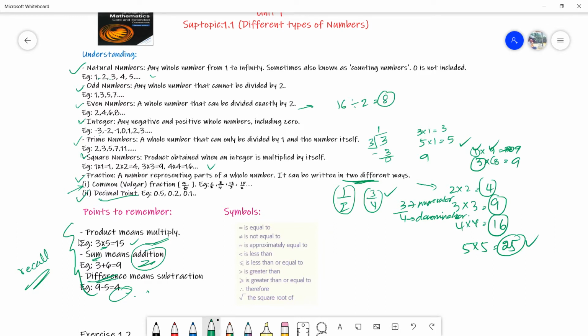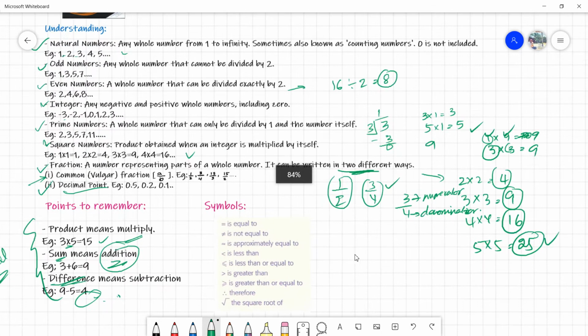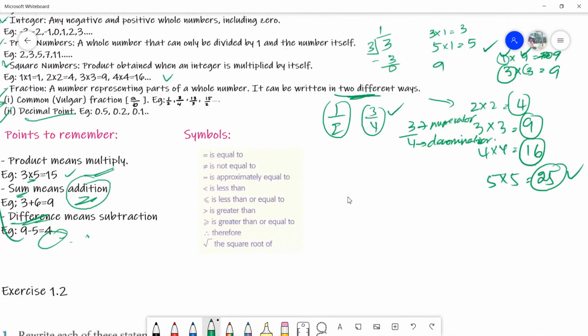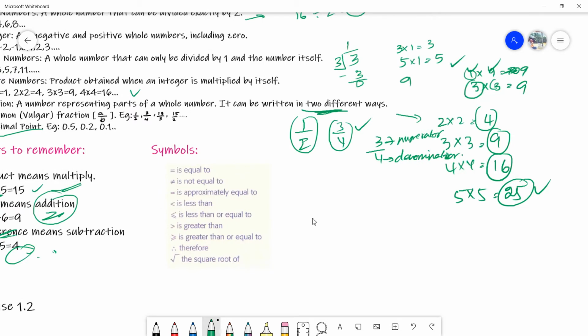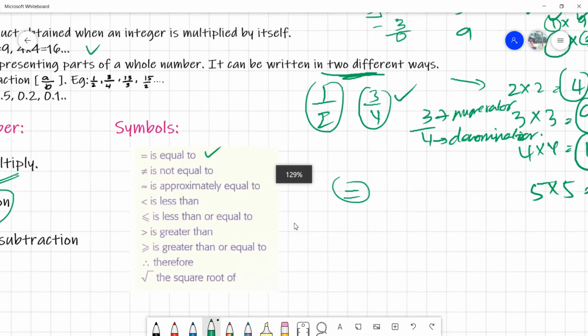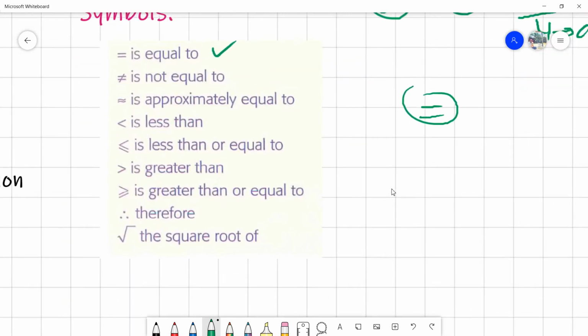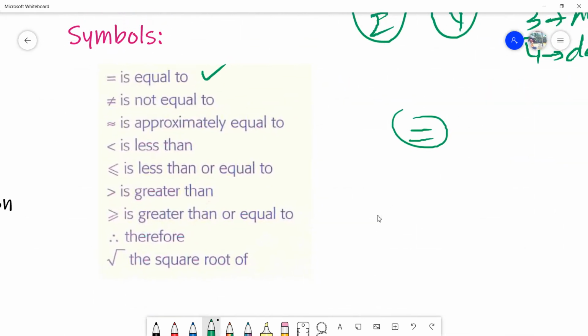Okay, so the symbols: I don't think you are new to them. I think you have been exposed to these symbols before. For example, this is equals to. You know this symbol very well. I'll give it a zoom view. Yeah, I hope you can see it very clearly. All right. So you know what equals to is, and if the question says not equals to, let's say I said 3 is not equals to 5, this is the time we use this symbol.